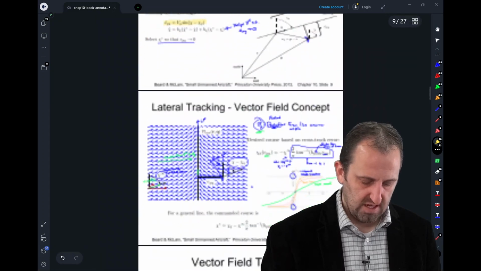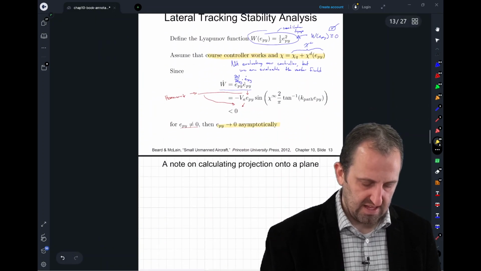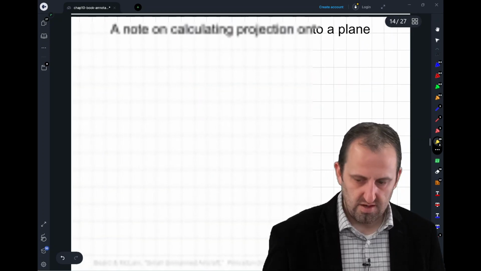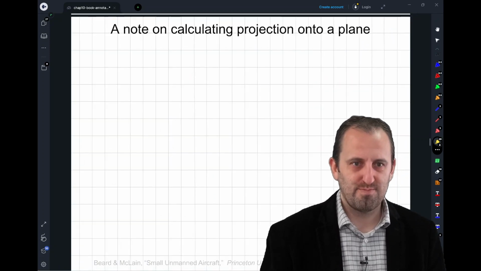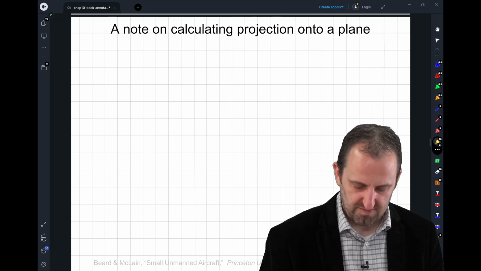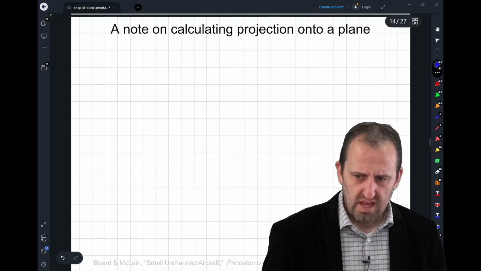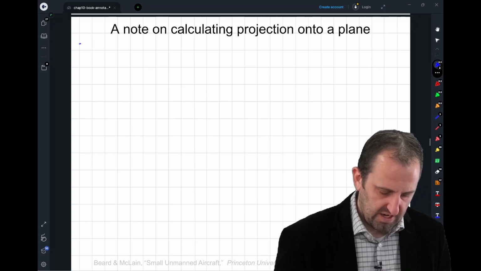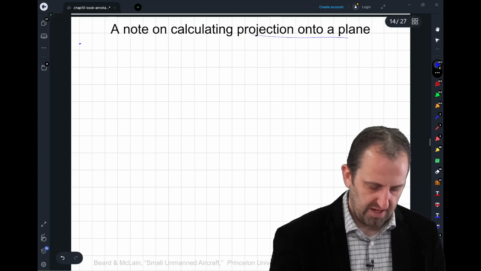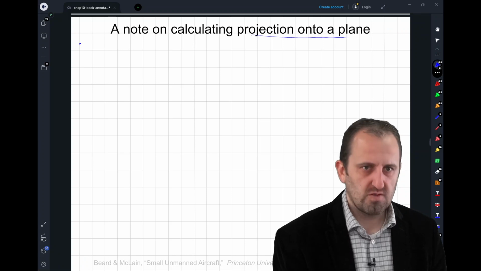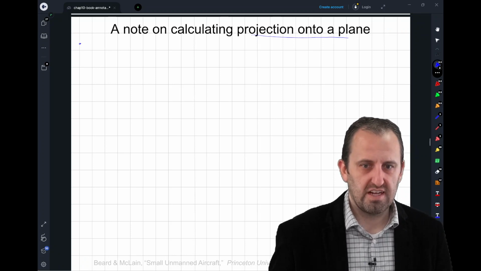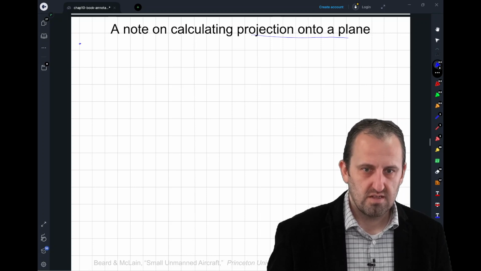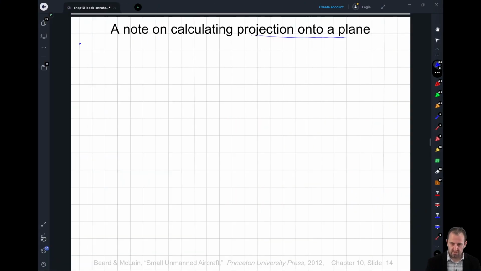Okay, so before we jump into the longitudinal control, we're going to note a couple things back from geometry. The first thing we want to note is that we're going to calculate a projection onto the plane. But first we're going to look at calculating a projection onto a line. So let's go ahead and get started on that.